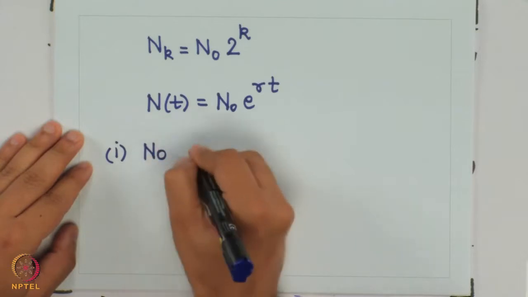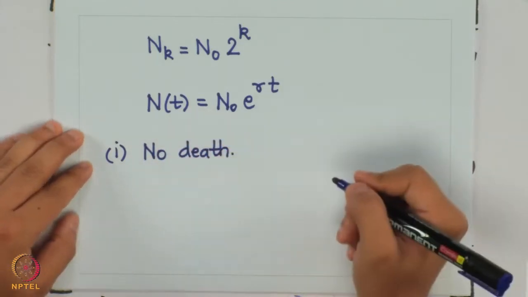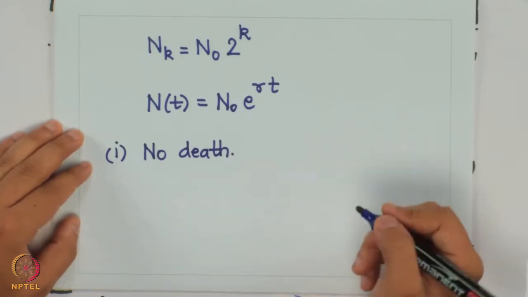The first one that comes to mind is that there is no death in this model. In either of these two models, we are not talking of death of bacteria at all.